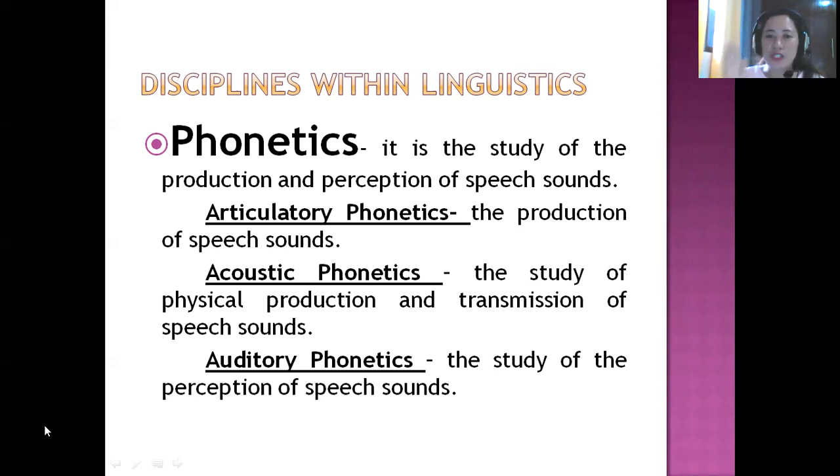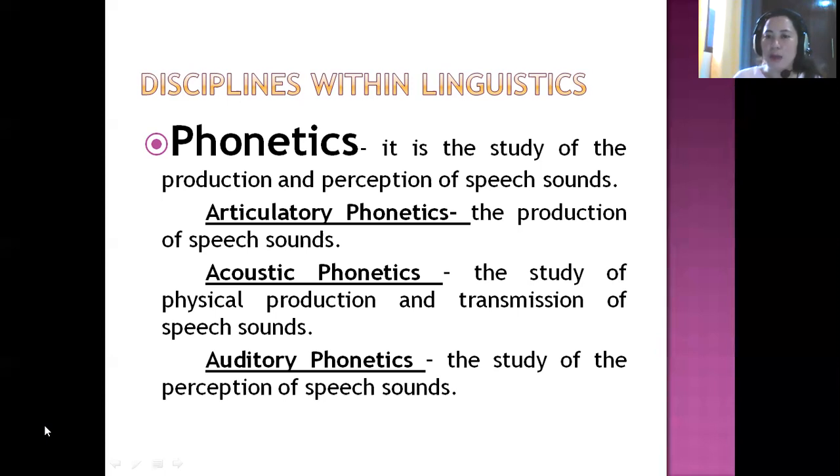We also have the fricatives, like in the word thrifty. So the sound is interdental. If we focus on the physical production, that's acoustic phonetics.